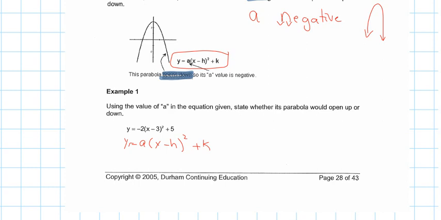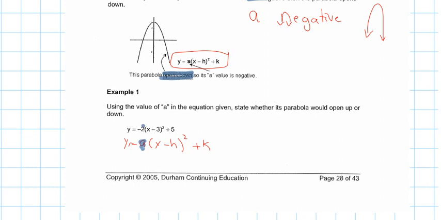What's the value of a? Negative 2. What's the value of k? Sorry, k is 5. What's the value of h? h is 3. And k is 5. You see the rest is x and squared.